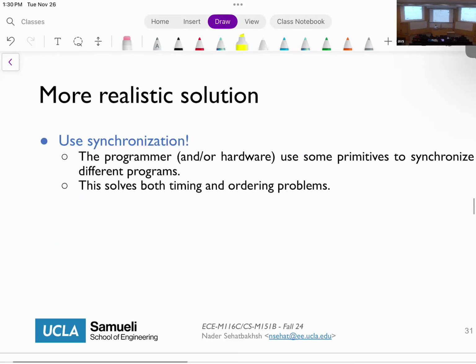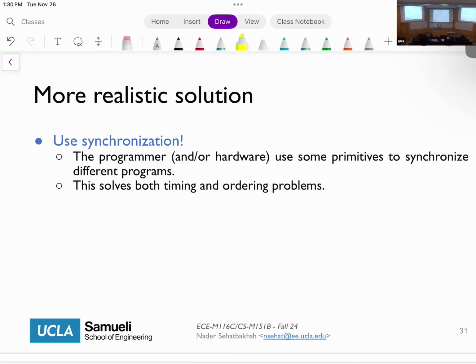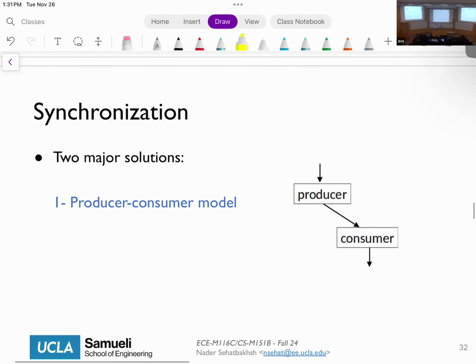Instead, what we do is use different synchronization primitives. The idea of synchronization is that we use either software or hardware or a combination of both to make sure that the timing between the cores is something we know exactly. So we maintain the timing between the cores and synchronize them using different primitives. What are those primitives? There are two general solutions.